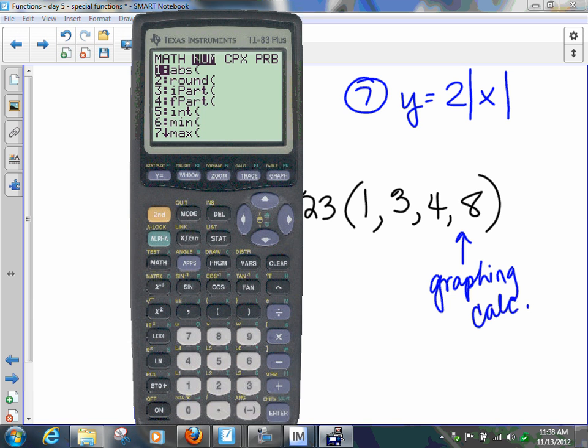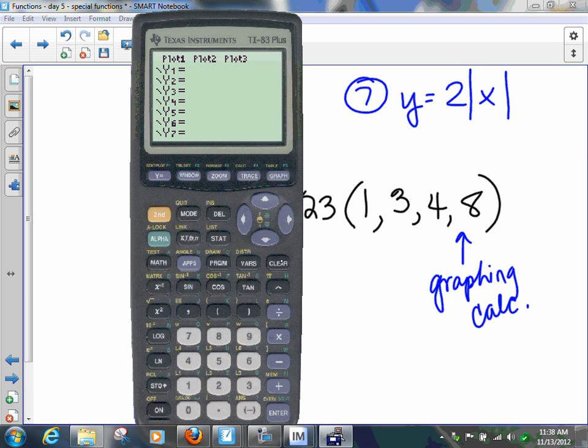So hit enter, and then put your x and close your parentheses. And even if you don't know how to graph this on paper right off the bat, we could always go back to the XY chart.